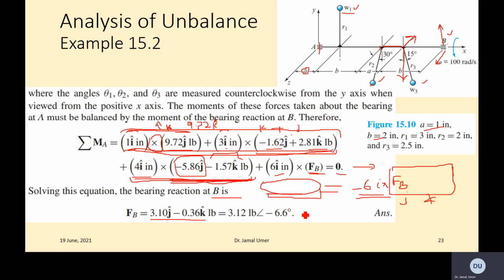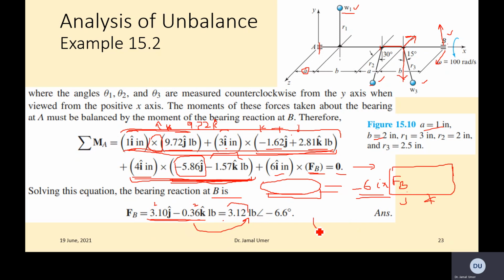So that's what has been done, and we found this one. From here this step is quite straightforward: you square this one, square this one, square this one, sum, and then take the square root, and you will have the magnitude.